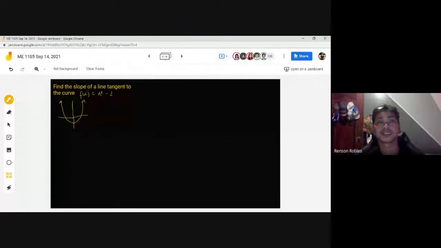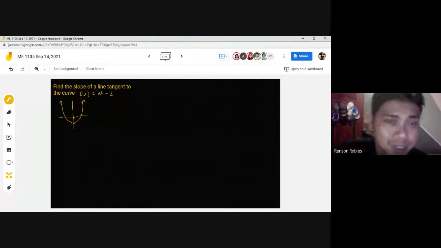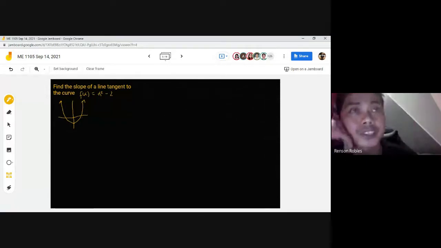Well, a question. How many points are there on x squared minus 2? Sir, wala naman tayong kinukuhang points. I mean, you just look at the curve. The number of points on that particular curve is determined by the set of the domain.